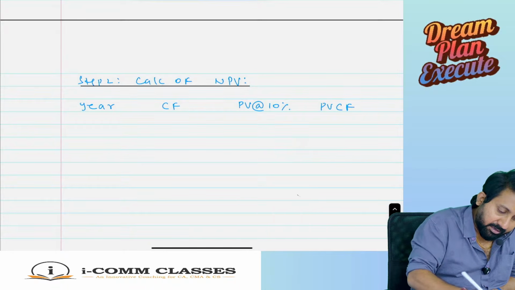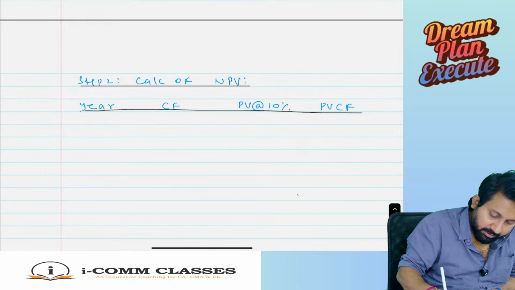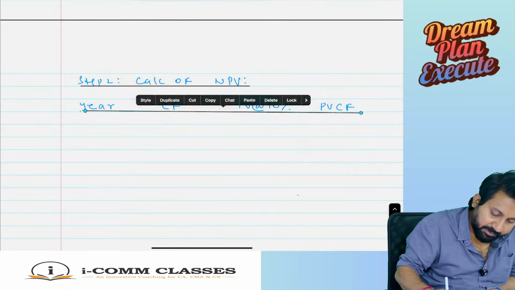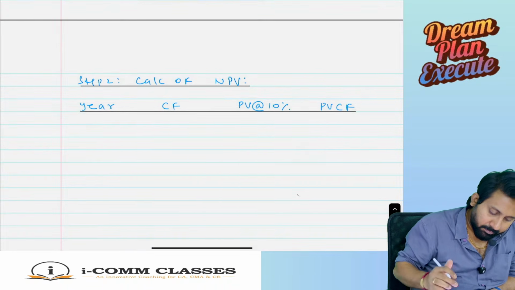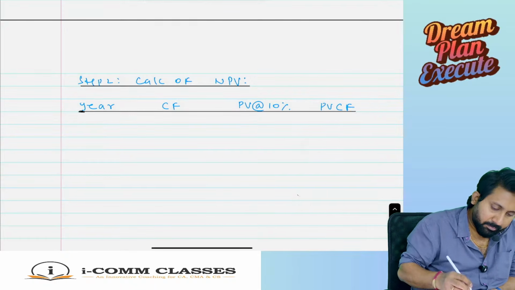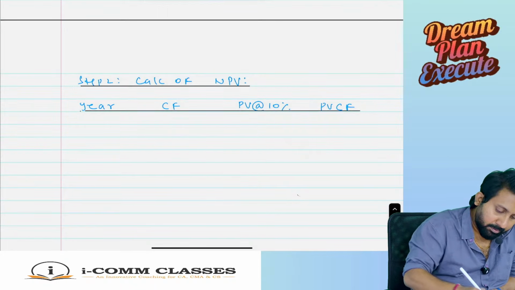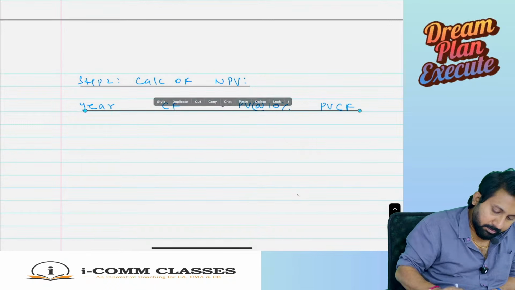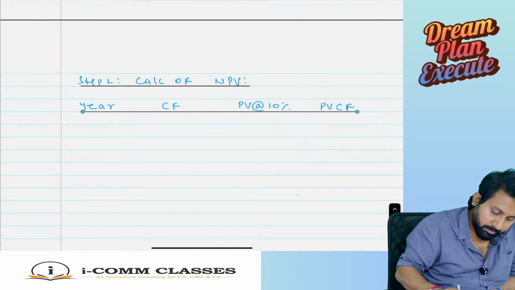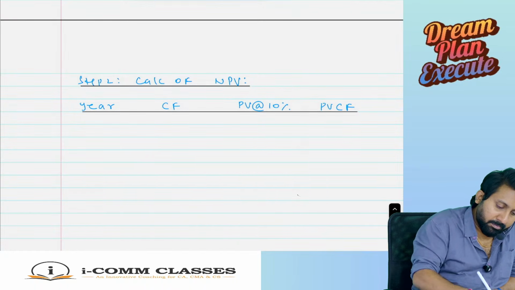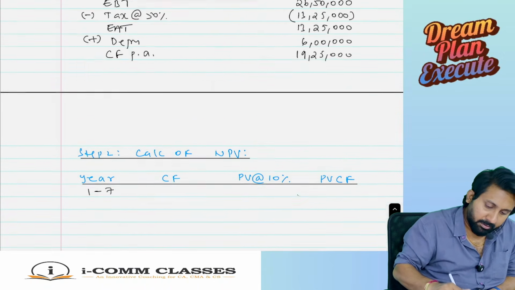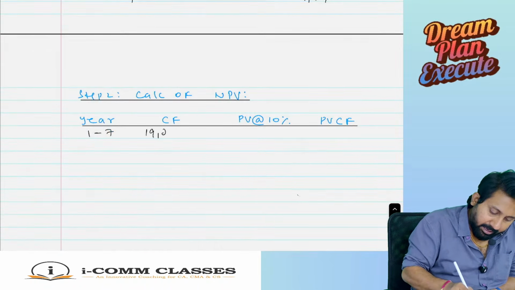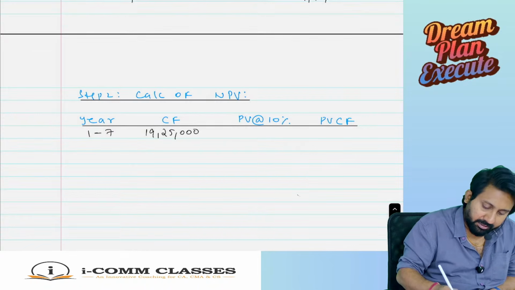PVCF. Hey, everyone answer. This new machine life is for how many years? One to 7. 19 lakh 25,000.